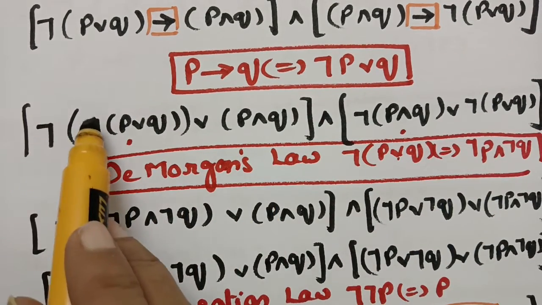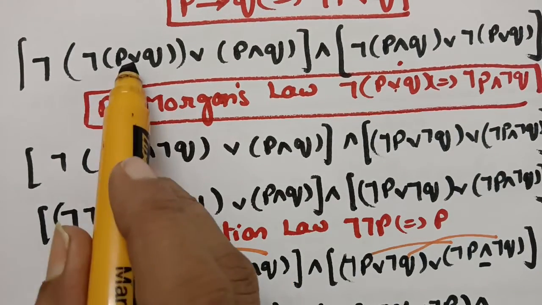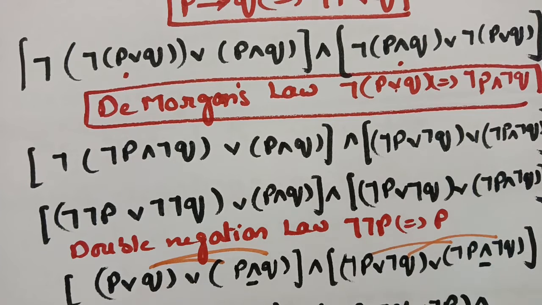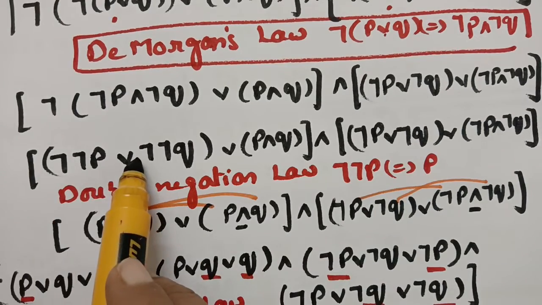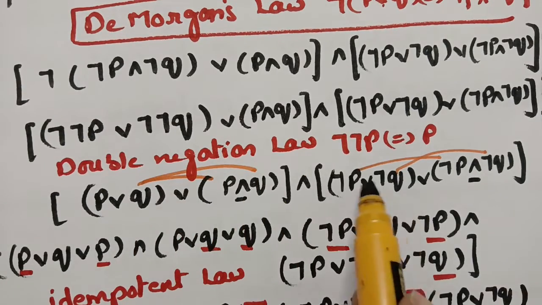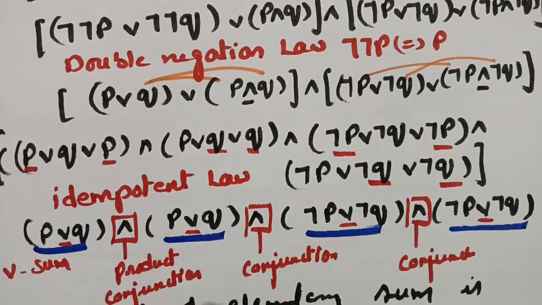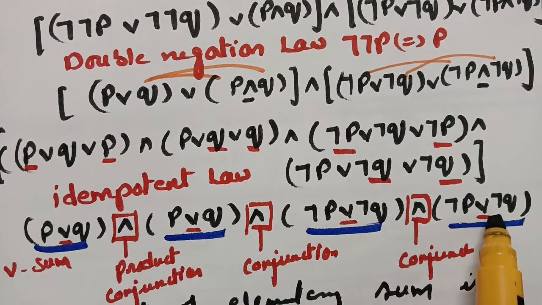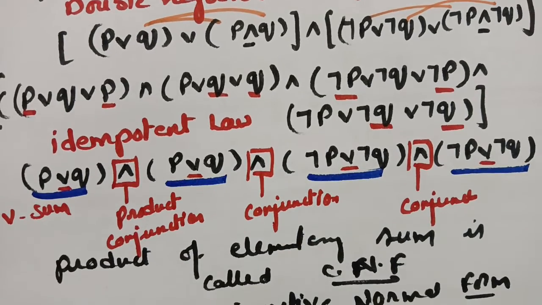If you send negation inside, this or will become and, and and will become or. After that, double negation I have applied here. After applying double negation, the distributive laws. After distribution and using idempotent law, I got all the elementary sums with a product. Therefore, a product of elementary sums is nothing but the conjunctive normal form.